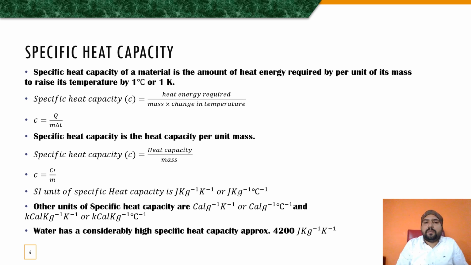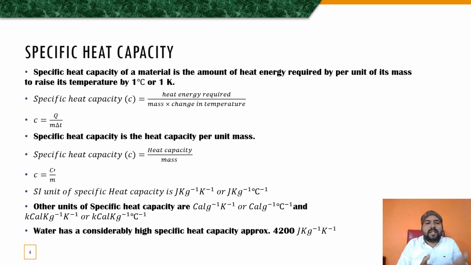Specific heat capacity of a material is the amount of heat energy required to raise the temperature of that substance by 1 degree Celsius or 1 Kelvin per unit mass. For 1 kilogram of it or for 1 gram of it, how much heat energy is required? Specific heat capacity is equal to heat energy required upon mass into change in temperature.